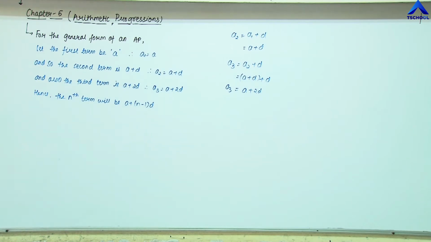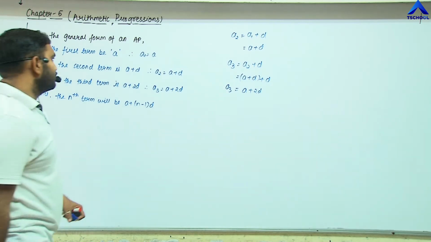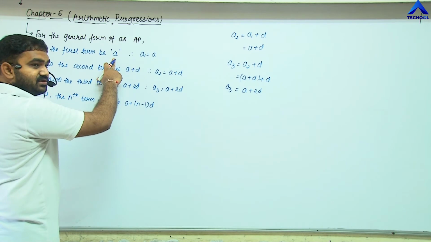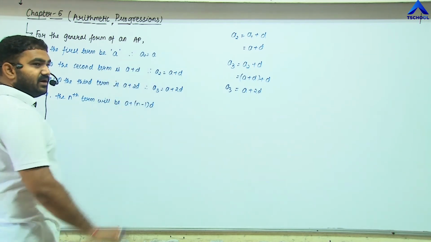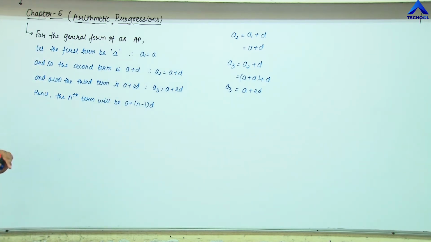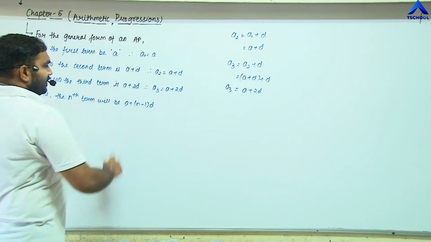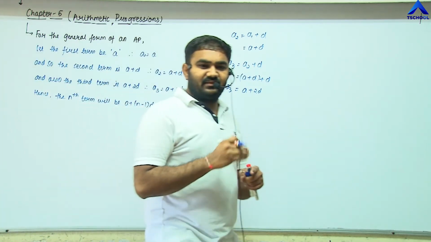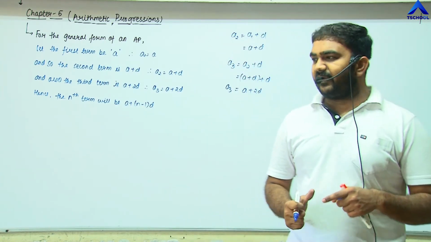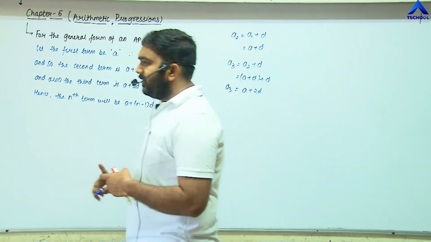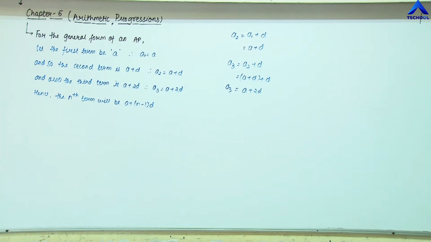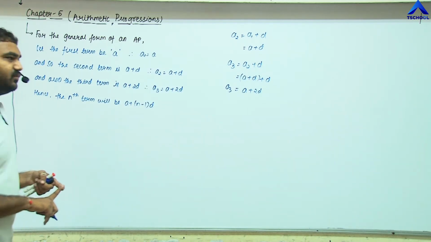Friends, let us see the similarity, how it goes. Here it is the first term, so A1, what is 1 minus 1? 0. So that will give me A. Here it is the second term. The difference will always be 1 less than the number of the term you are finding out.